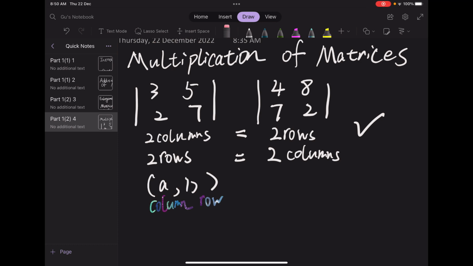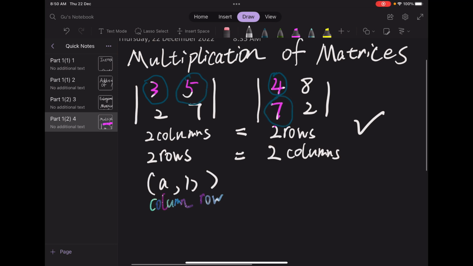Alright, so we first pick out the first row in the first matrix and the first column in the second matrix. And we multiply 1, 1, which is this number, by 4. And then we multiply 5 by 7.